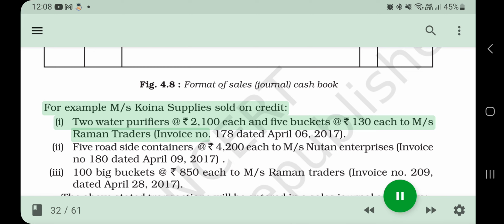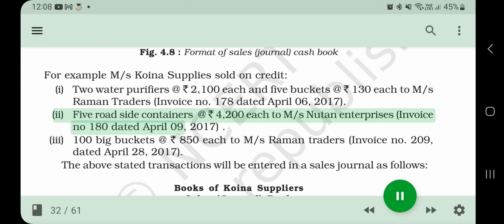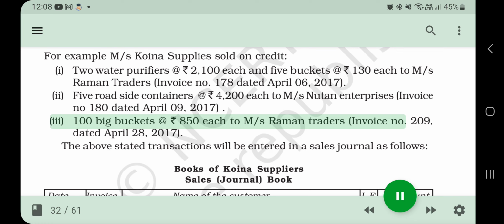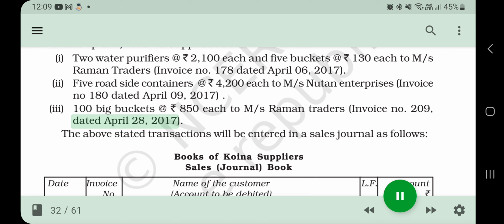For example, M.S. Koina Suppliers sold on credit: 2 water purifiers at $2,100 each and 5 buckets at $130 each to M.S. Raman Traders, invoice No. 178 dated April 6, 2017. 5 roadside containers at $4,200 each to M.S. Nutan Enterprises, invoice number 180 dated April 9, 2017. 100 big buckets at $850 each to M.S. Raman Traders, invoice No. 209, dated April 28, 2017.